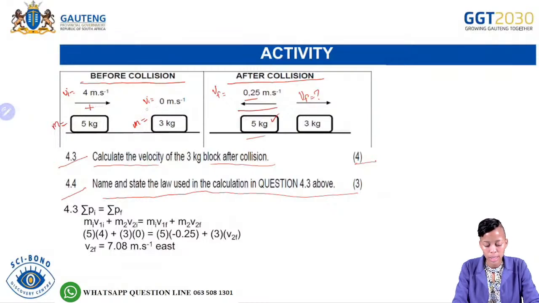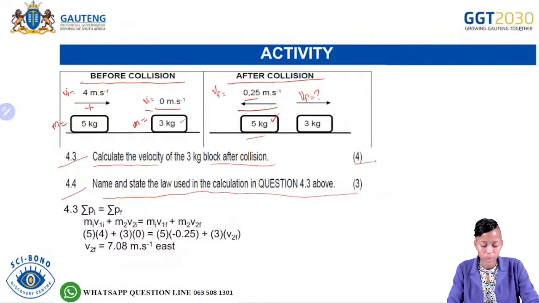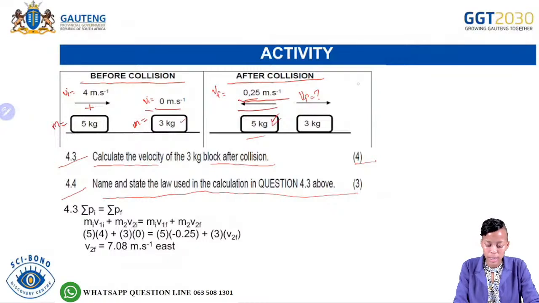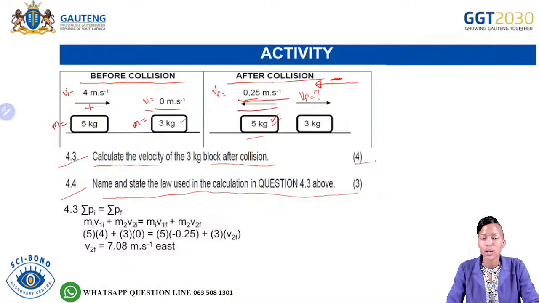And for the initial velocity of the 3 kilogram block, we had a 0 there. After the collision, the 5 kilogram block was moving to the left. Because we said the initial direction of motion is positive, whatever is moving to the left we are going to write as a negative.